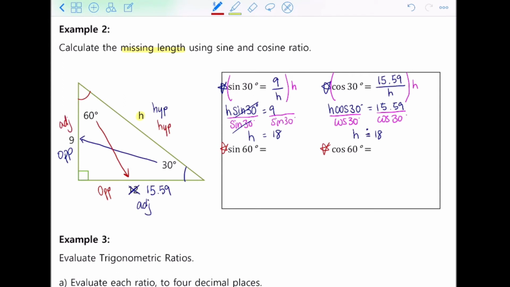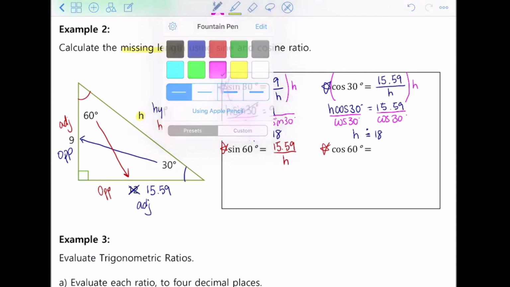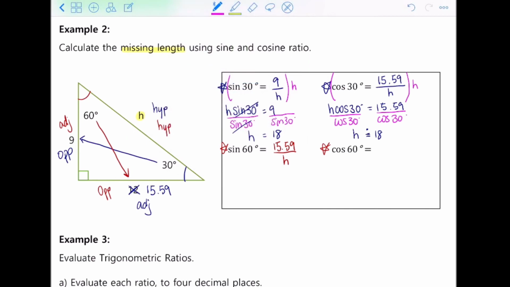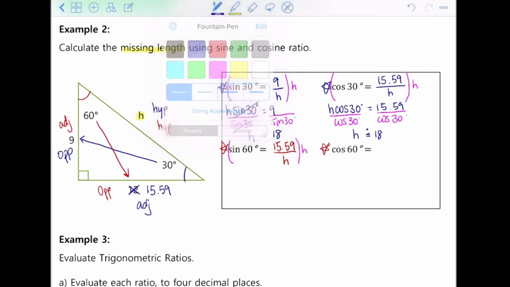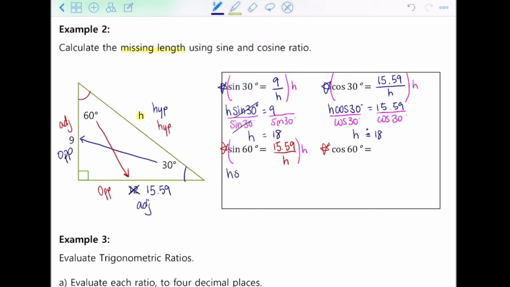Sine ratio is opposite over hypotenuse, so opposite is 15.59, and h is what we're looking for. In order for us to solve for h, to confirm and verify, we'll have to multiply both sides by h. We will get h times sine of 60 equals 15.59.